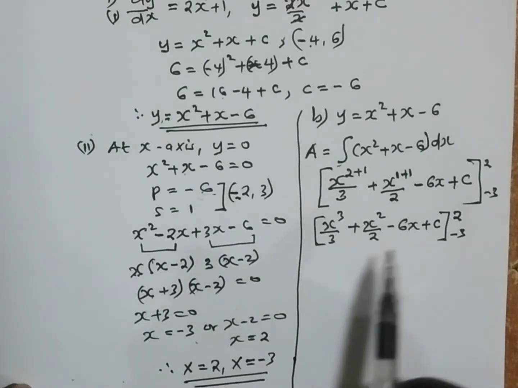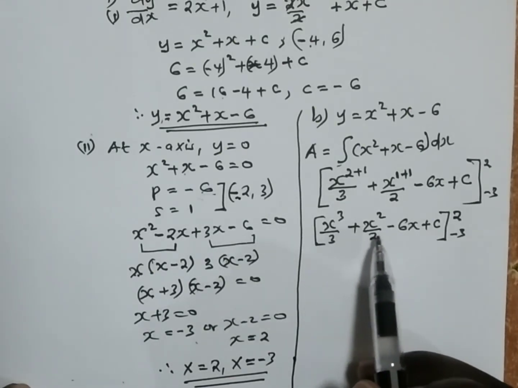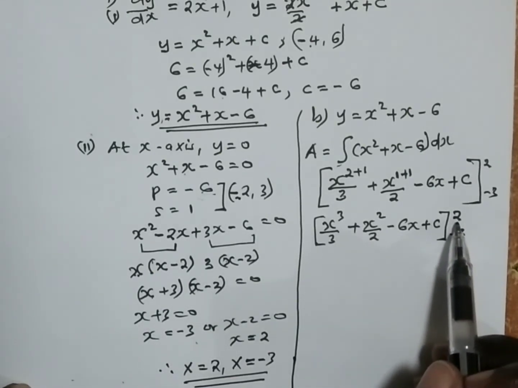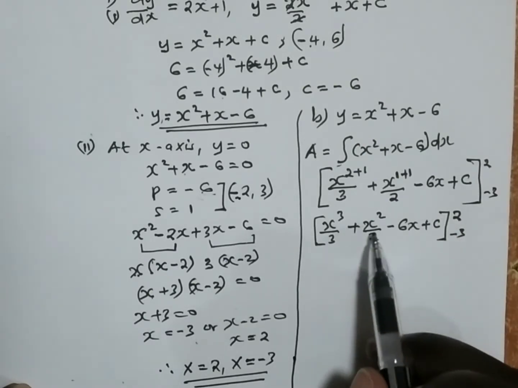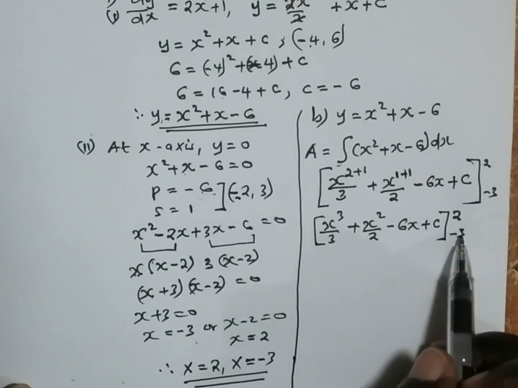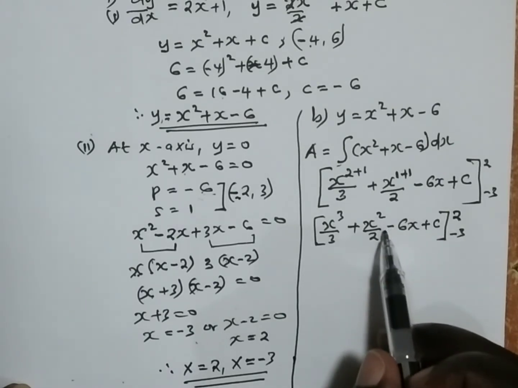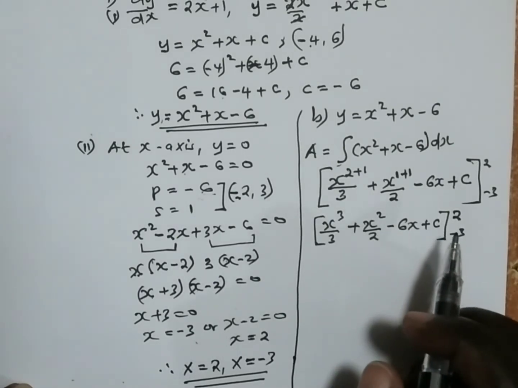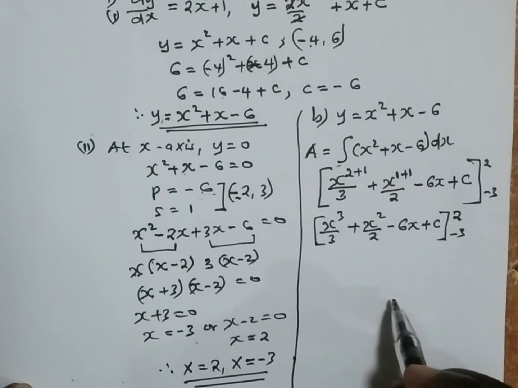Now we can move down. For us to get the area, we are going to substitute the maximum value of x into the function. We come and substitute the minimum value of x into the same function. Then we find the difference between the two.